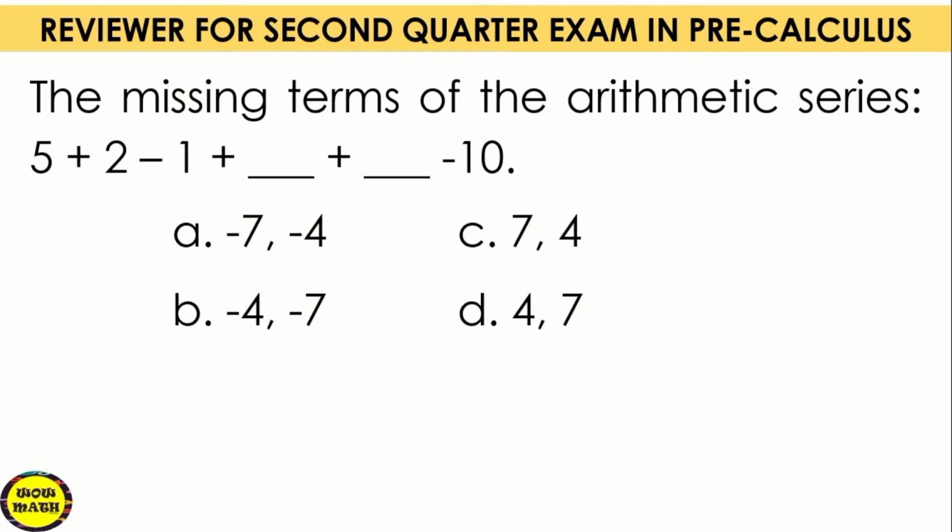Next, find the missing terms of the arithmetic series: 5 plus 2 minus 1 plus blank minus 10. So first, we're going to check yung given series natin. From 5 naging 2, from 2 naging negative 1. So ilan yung nabawas bago mag 2?